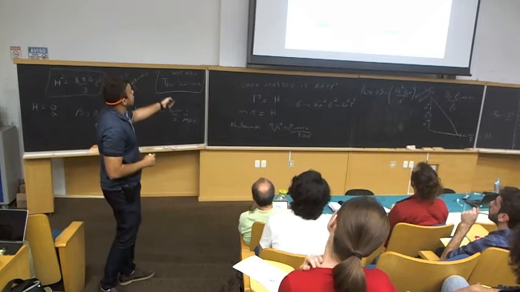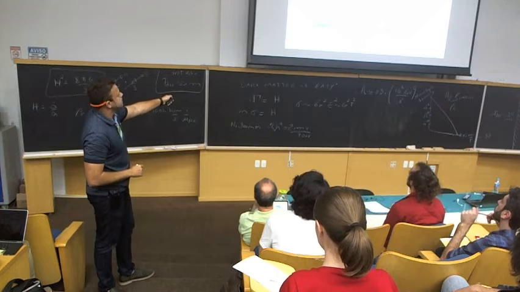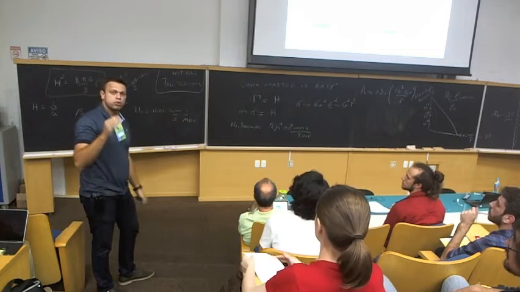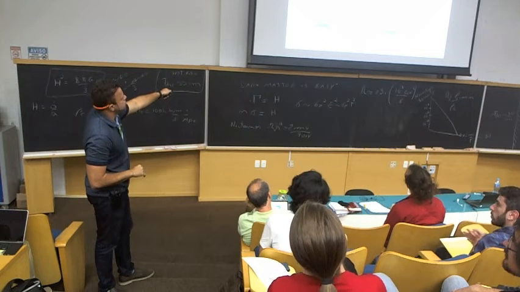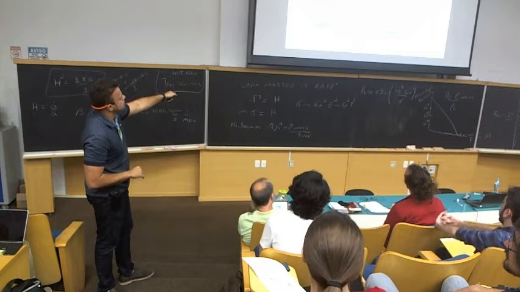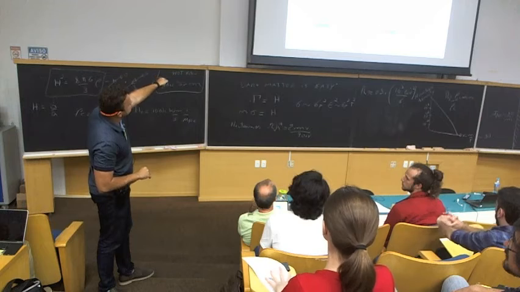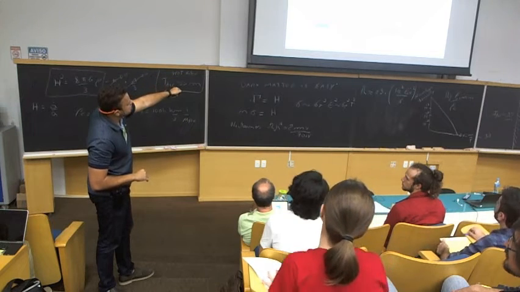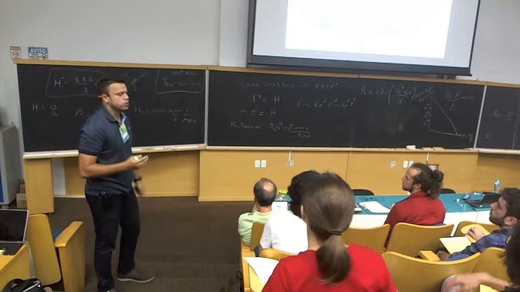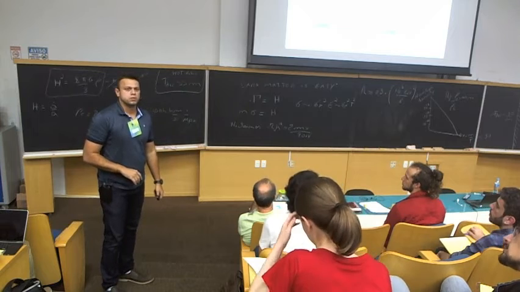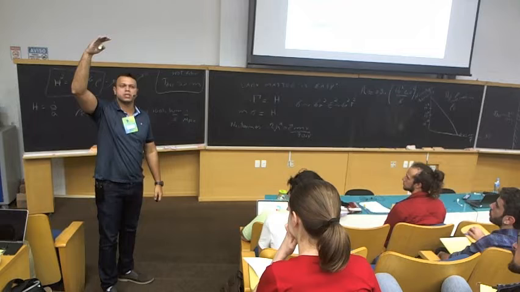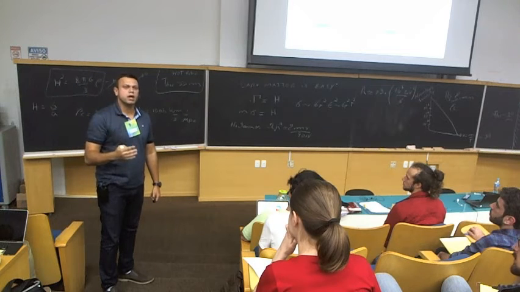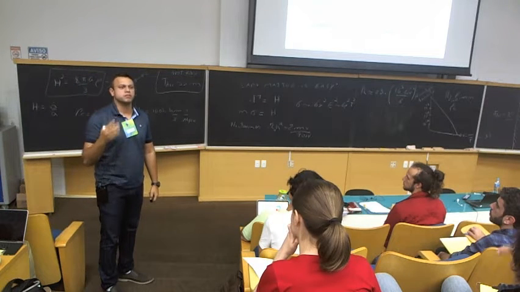Anyway, this lower limit: I'm using that same formula I had before for a cold relic. Remember, this cross-section is about 10 to the minus 8. If you plug that number backwards, you find that the mass should be larger than 0.1 eV. So if the dark matter belongs to a thermal history, in other words has a cross-section around the weak scale, the dark matter particle has to have a mass larger than 0.1 eV.